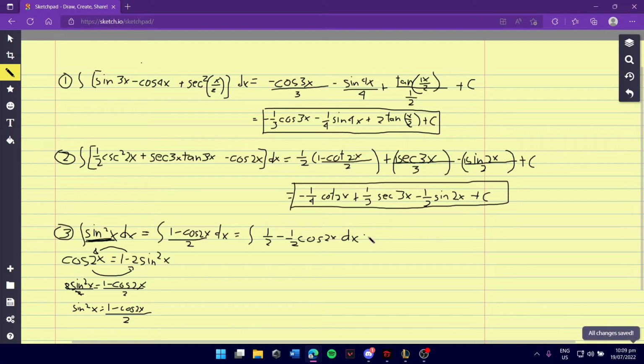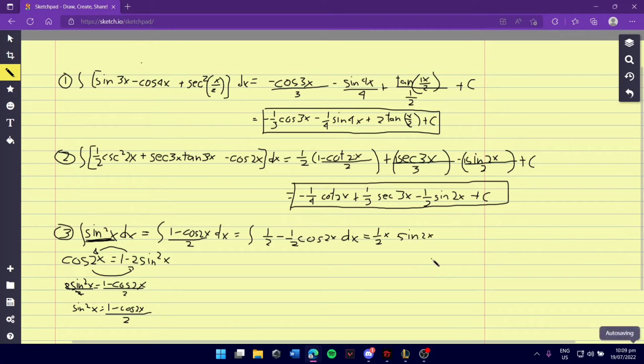Alright, so integrate. The integral of 1 half is 1 half x. Then minus the integral of cosine, which is sine, so 1 half sine 2x.